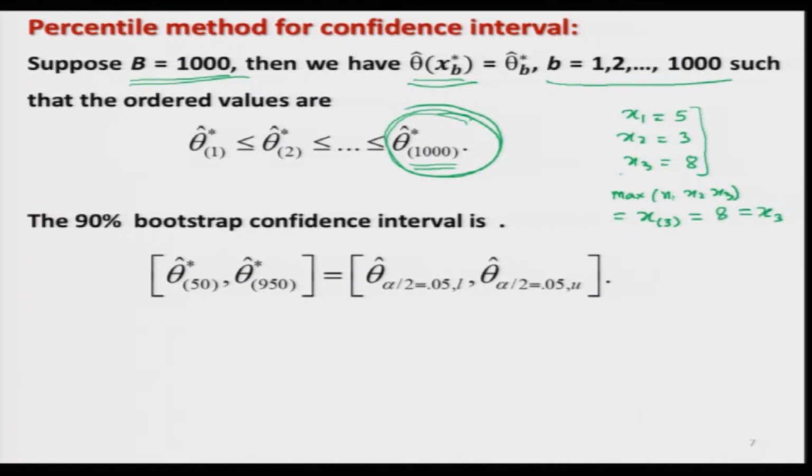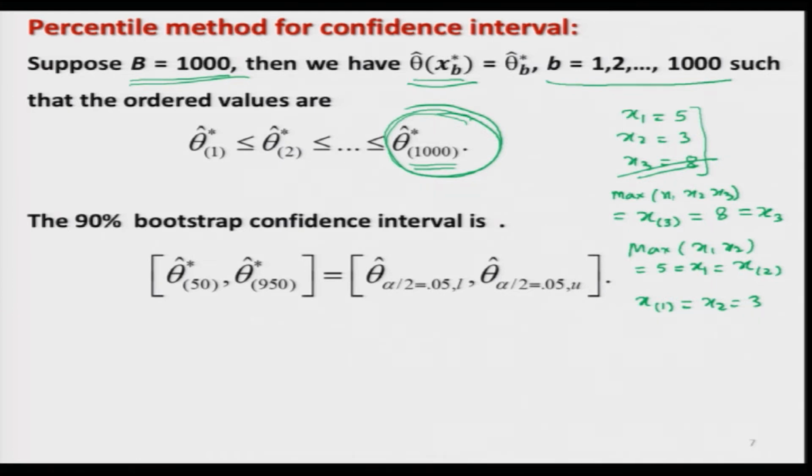Now x3 is out, so I find the maximum between x1 and x2, which is 5. This is actually the first value x1, but as an ordered value it is the second largest value. And then the minimum value x1 is the same as x order 2, which is 3. So this is the meaning of this notation.